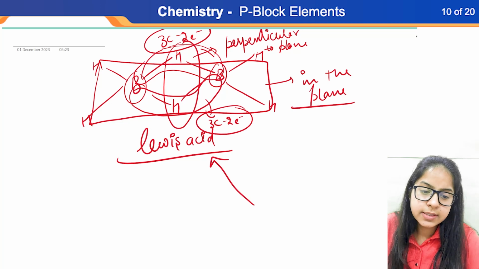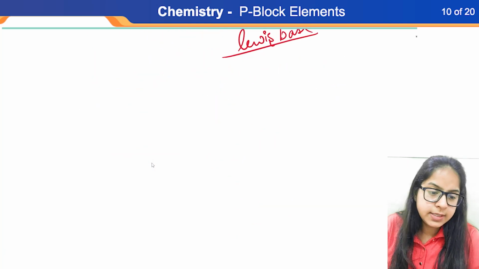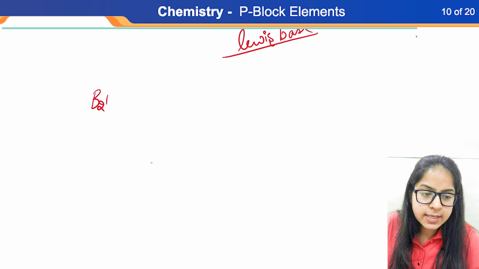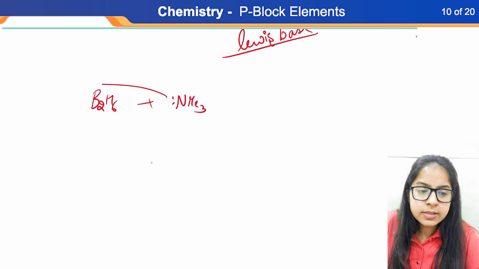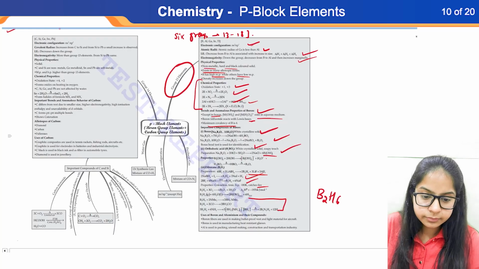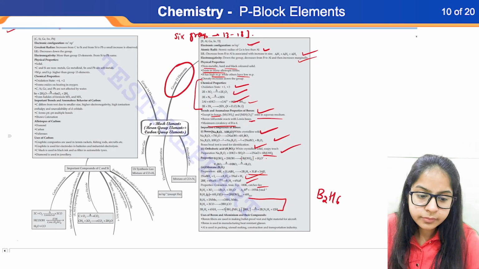Now the Lewis acid is going to be attacked by a Lewis base. B2H6 is a Lewis acid and the Lewis base is NMe3. It is going to form the adduct, so you will get 2BH3·NMe3.